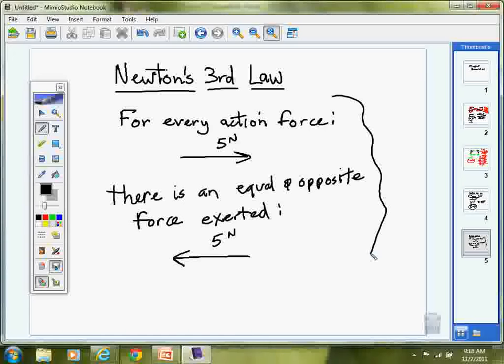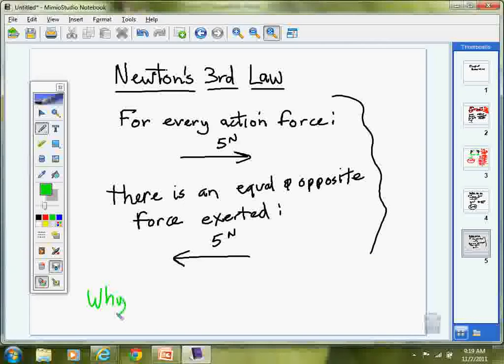So, the question I'm trying to answer is, why don't these forces cancel each other out? If you always have these forces basically acting with the same magnitude in the opposite direction, you would think that everything always cancels each other out, and nothing would be accelerating. So that's the question.